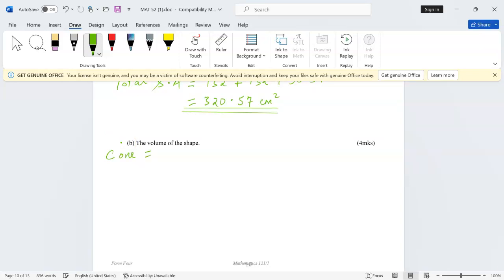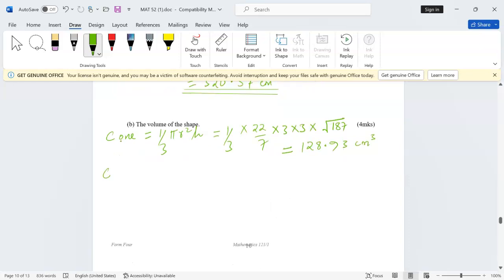Volume of a cone is a third base area times height. The base area is circular, so a third pi r squared h, which is a third pi times 3 by 3 times the square root of 187. When we compute, this gives us 128.93 cubic centimeters.